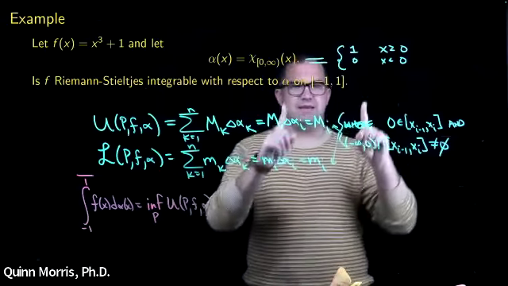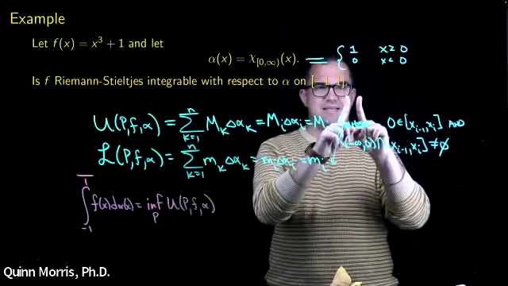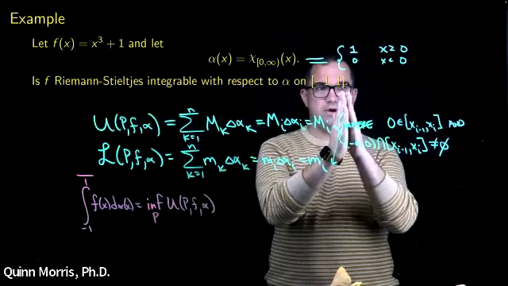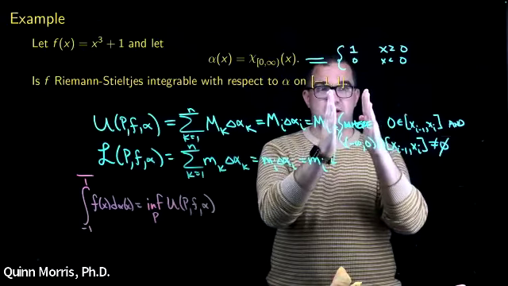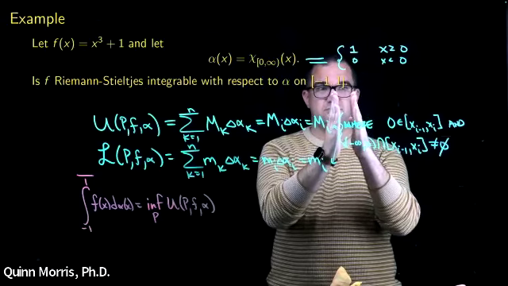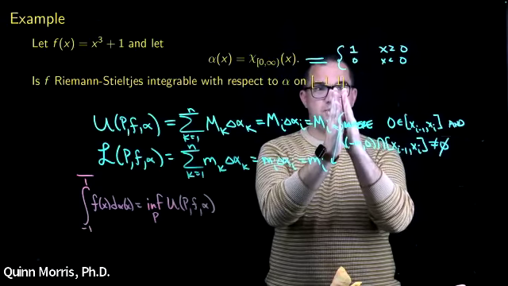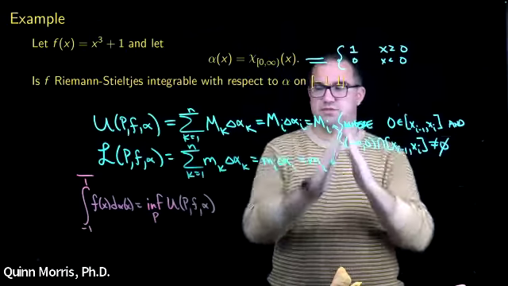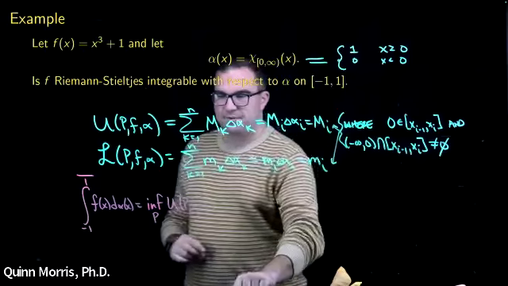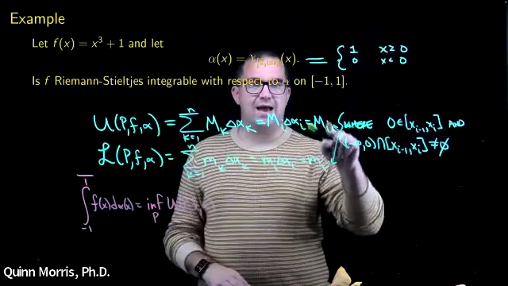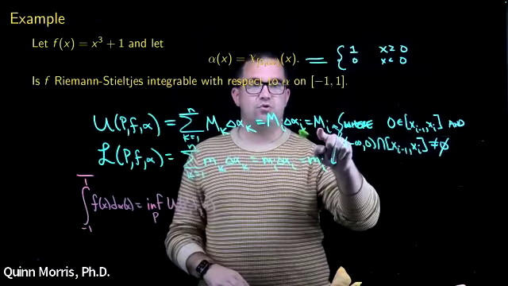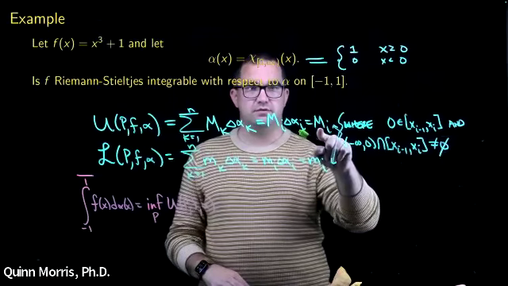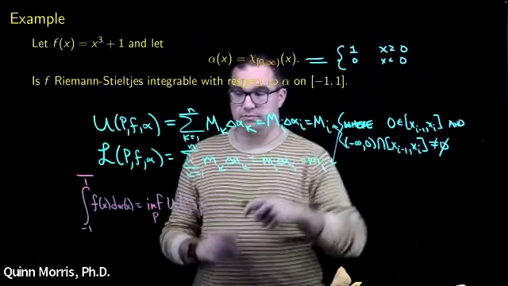So what's happening is that the interval is collapsing down to 0, because it has to contain 0, but I'm looking at partitions that have smaller and smaller norms, so those intervals are getting small. So what's going to happen here is this is going to collapse to just the single value of the function at 0.